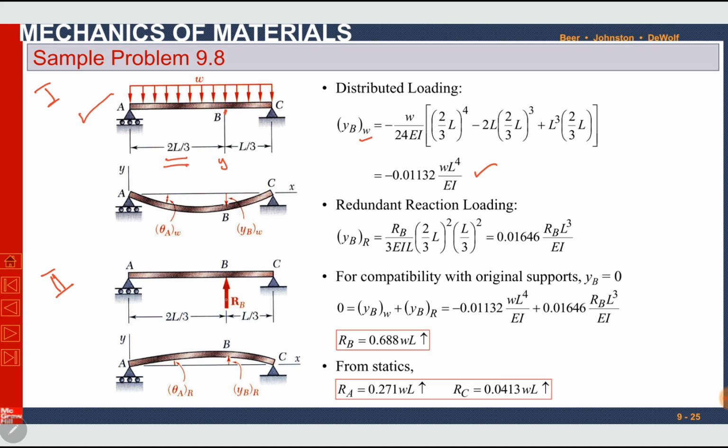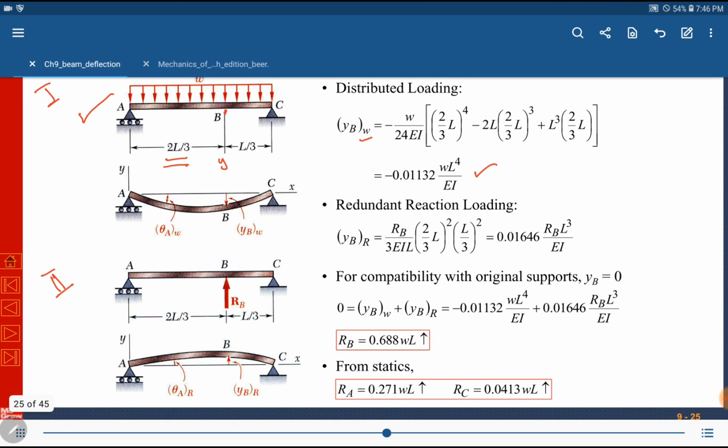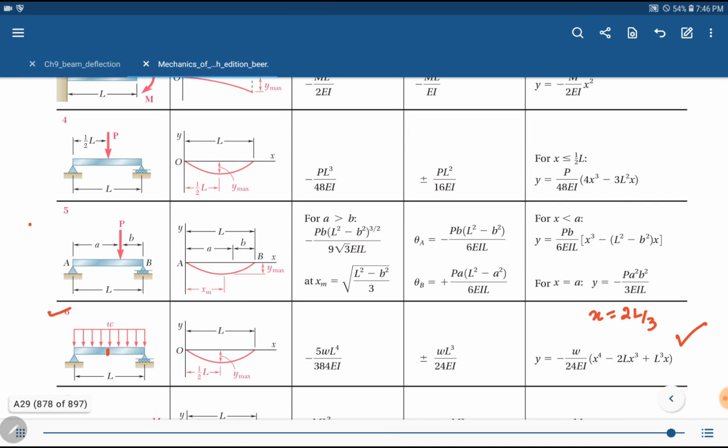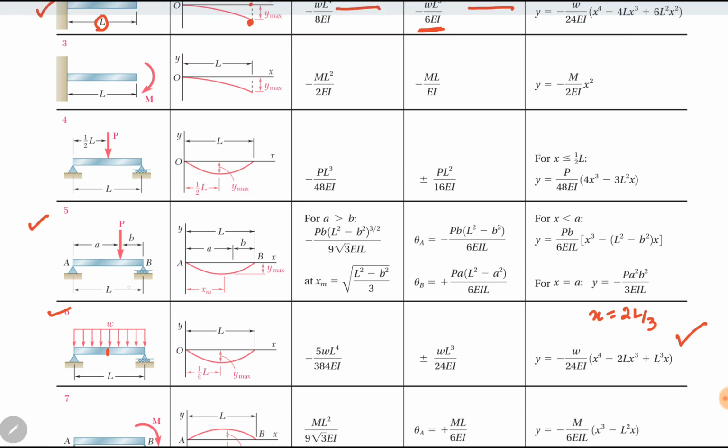Okay. This is a simply supported beam under a concentrated load. We will go to the table. Here is case number 5. A simply supported beam under load P. Case 4 is also a simply supported beam under load P, but this load is at the midpoint. In case number 5, the load is not at the midpoint.